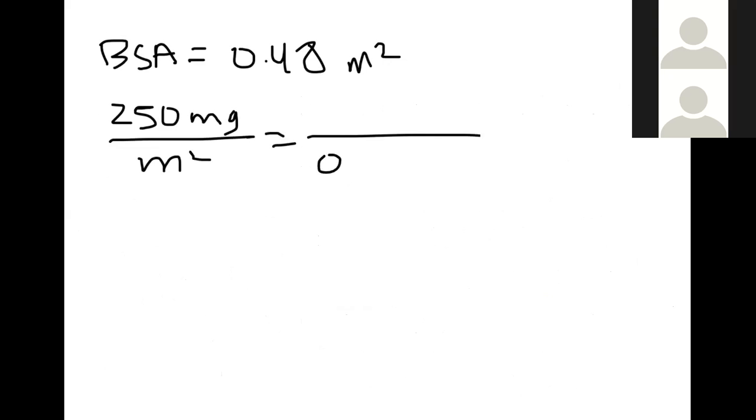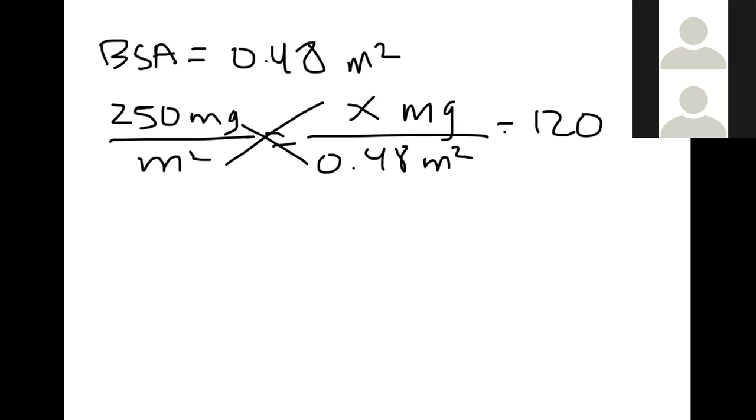So 0.48 meters squared goes on the bottom. X milligrams is what we're trying to find. Cross multiply, 250 times 0.48 gives us 120 milligrams every 8 hours.